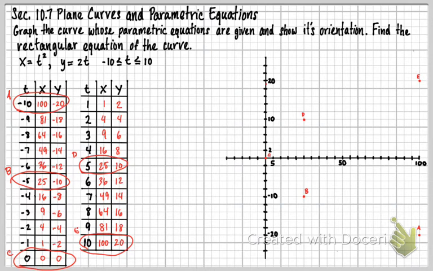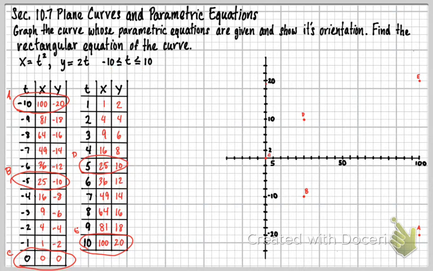If you notice, I labeled them also, because we have to understand the direction of our path, not just the graph itself, but also the orientation. And that's why in the beginning it says the orientation. If we graph this, we started with A, which is at -10, where we're supposed to start, and we end at +10, which is here.